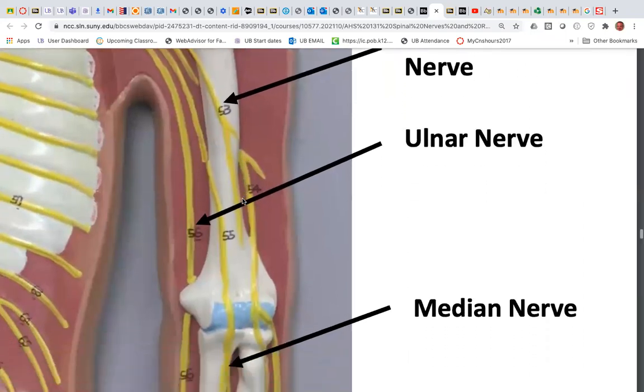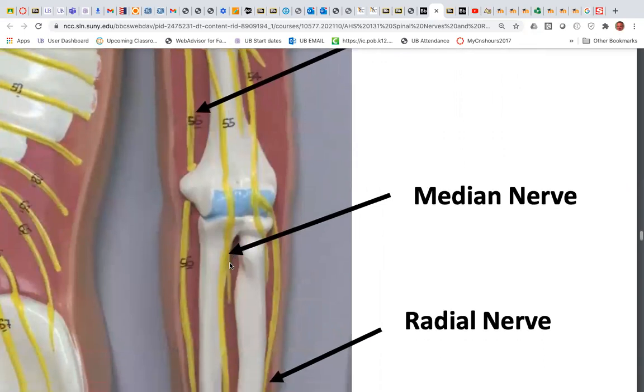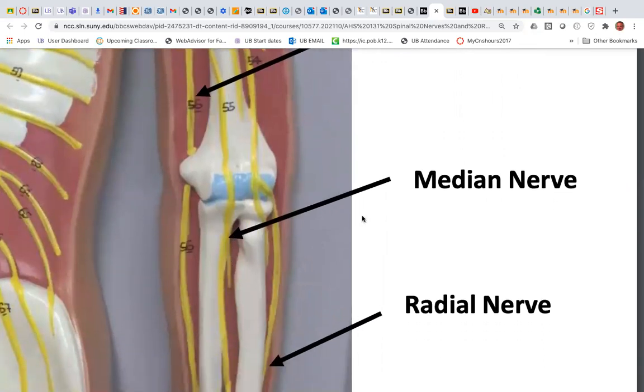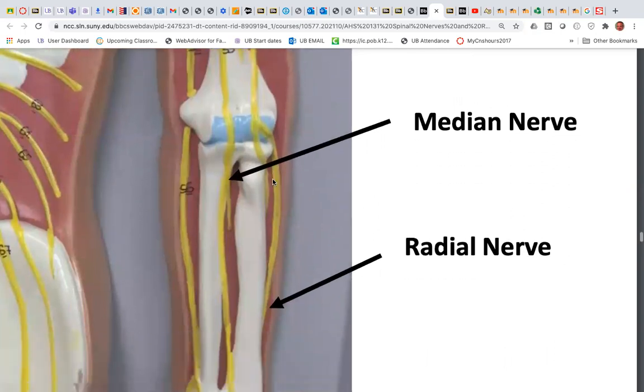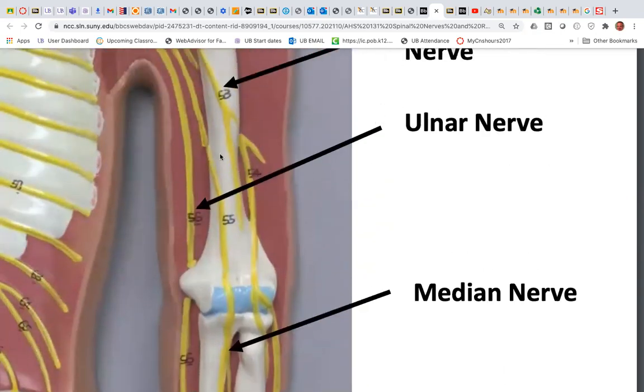Musculocutaneous. Now, when we look down the forearm, we can see one goes down the center in the middle, that's median nerve. One follows the radius, radial nerve. One follows the ulna, which is the ulnar nerve.